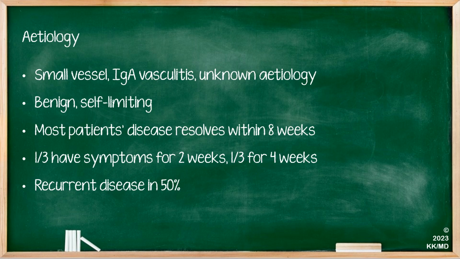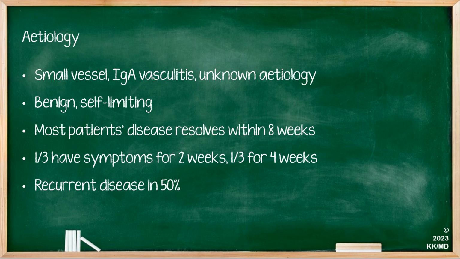The etiology of HSP is unknown. We know that this is a small vessel IgA related vasculitis. However, the exact etiology is not really clear. It's usually a benign and self-limiting disease, and most patients will recover by about 2 months' time.